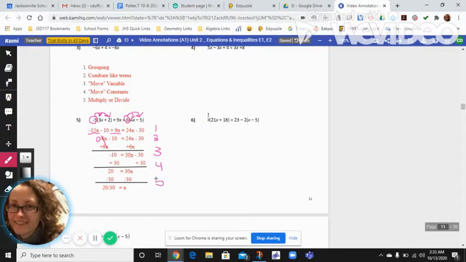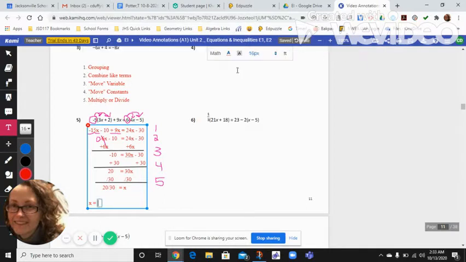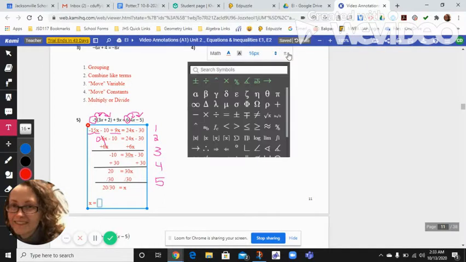I can simplify that. I'm going to go ahead and write my answer a little bit different here. I want to write my x first. My final answer, x equals 20 over 30. And that can be simplified.